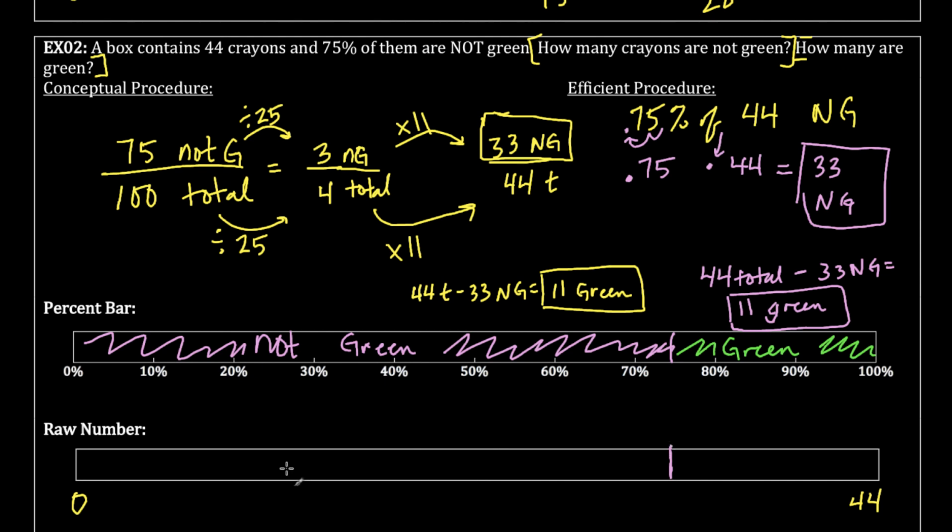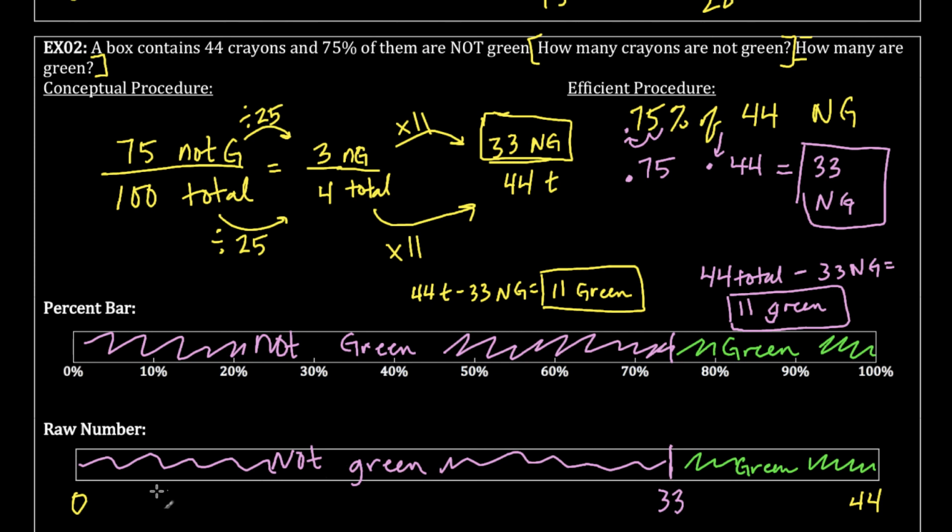And this means that 33 were not green, and that means 11 were green. So we have the 33 plus 11, and we do get the 44. So that's it. Thank you.